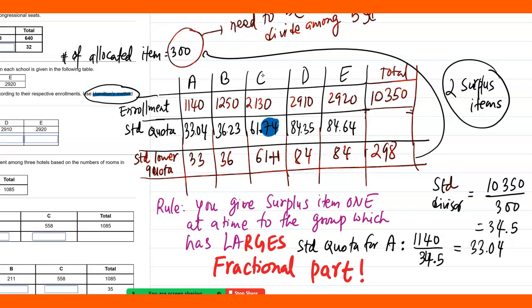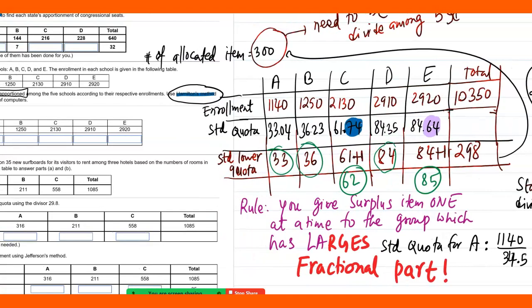Therefore, C got 62 computers. And which is the next largest fractional part? What do you guys think? 64 here. Therefore, you add 1 more to group E. So technically, you have 62 for group C and 85 for group E. And A has 33, B has 36, D has 84, and the total is 300, correct?